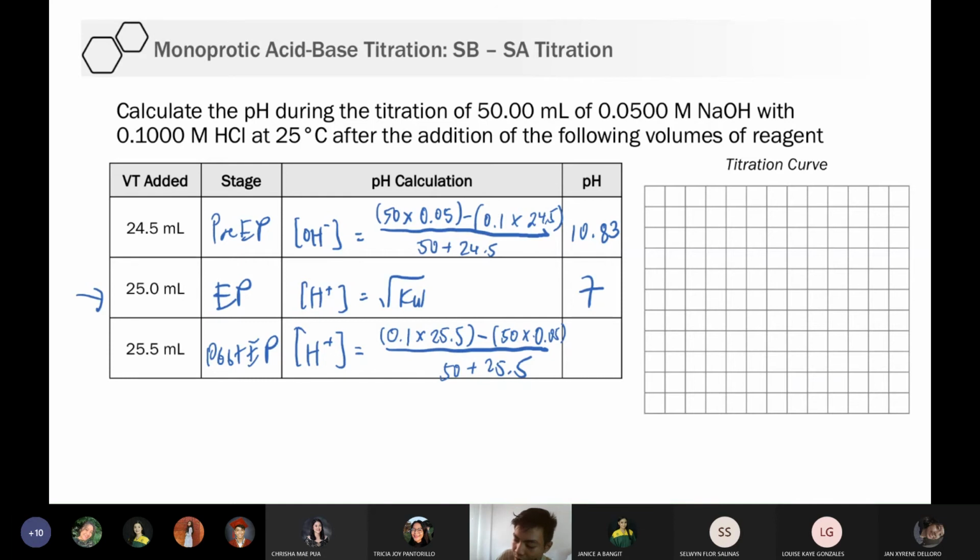Okay, so the pH is 3.18. Okay. So if you graph that, pangit tong graph natin kasi 3 points lang. Medyo ganito itsura niyan. Okay. So you will have an inflection point in the 7, pH equals 7.